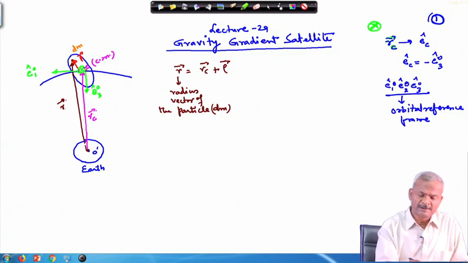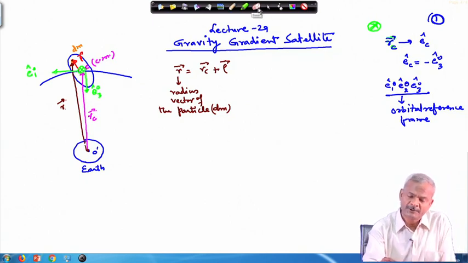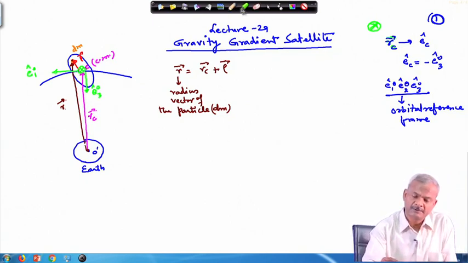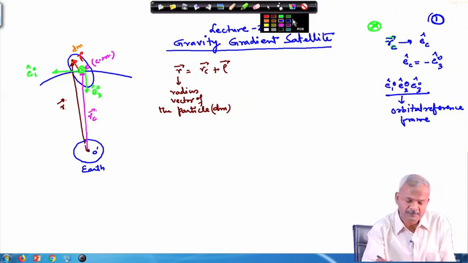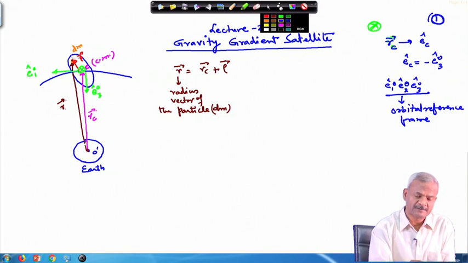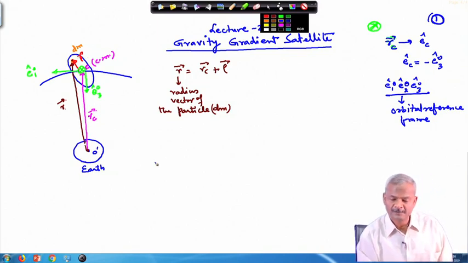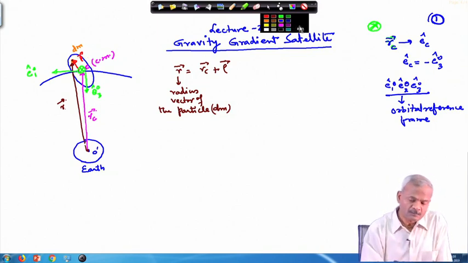And then the body axis system is oriented with respect to this orbital reference frame. I will not show it here, otherwise this figure will get totally destroyed, so let me show it somewhere else.